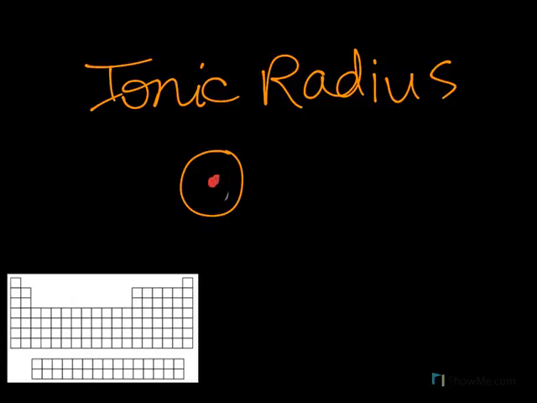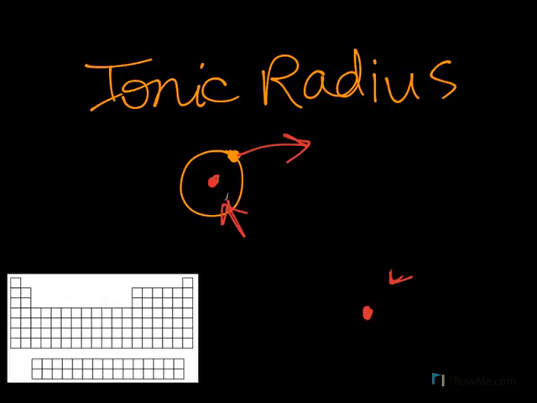So I've got my 1 proton in the nucleus and my 1 electron on the outer ring. Well, hydrogen likes to form a 1 positive ion, which means it wants to kick off this electron. So hydrogen becomes 1 positive. So when hydrogen loses that electron, it no longer needs this ring for parking spots. So when you take away an orbital or an energy level, the radius gets smaller.